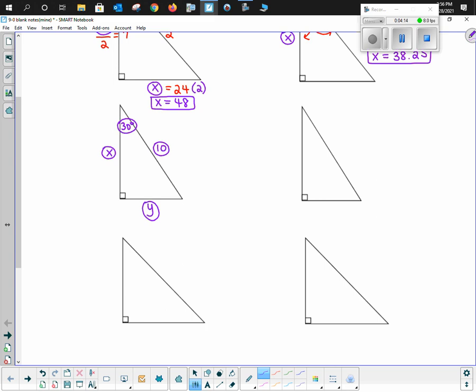I check 30, 60, 90, 45, 45, 90 first. I do see that this is a 30, 60, 90, right? This one would be 60. And therefore, all I need is one side. So the 10 is perfect. If I've got the hypotenuse, I have to find the short leg first by dividing by 2. So y equals 5 would be my final answer for that side.